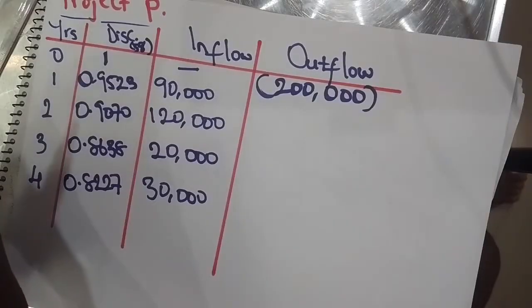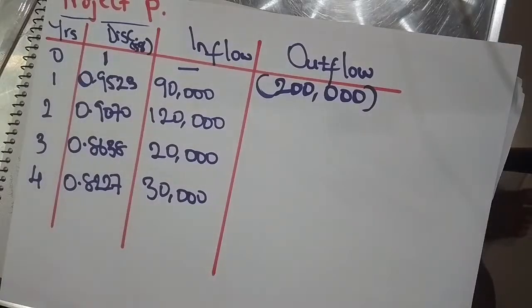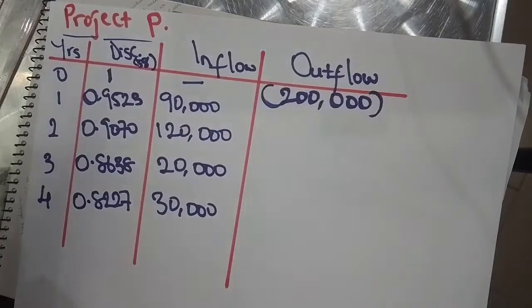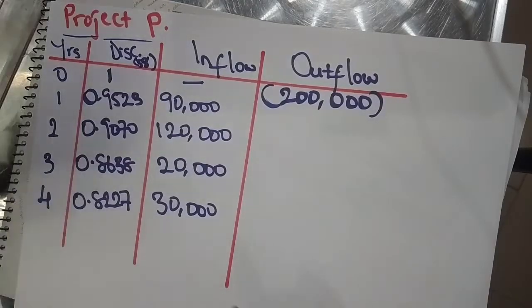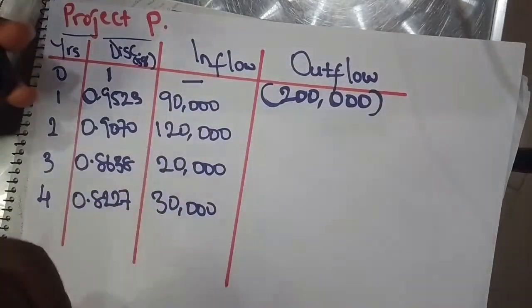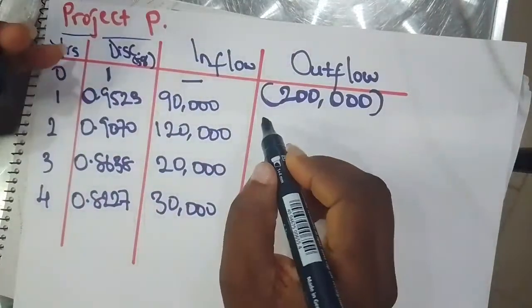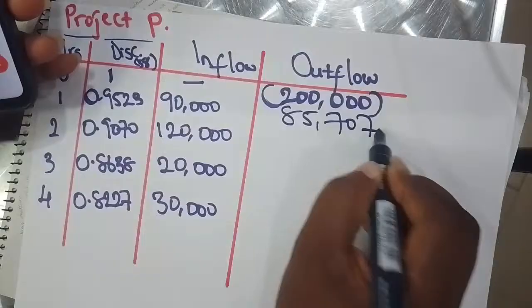So let's do that. 90,000 times 0.9523 is 85,707.